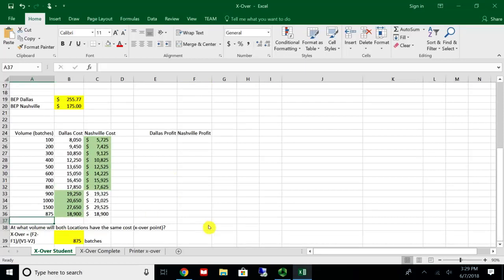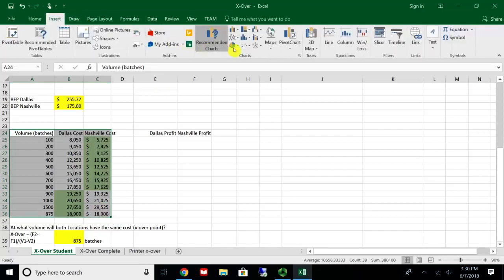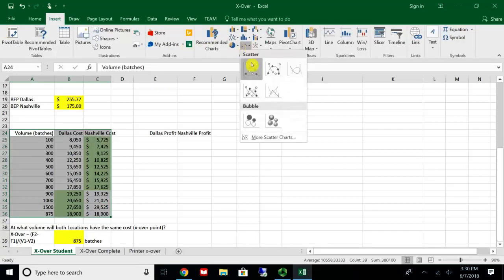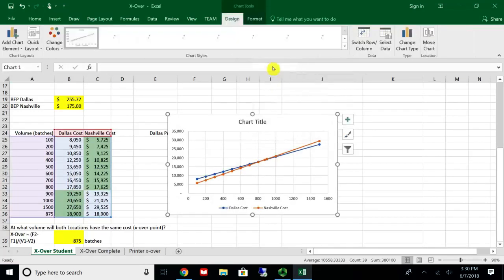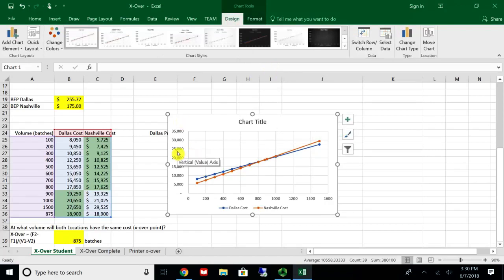I'm going to do one other thing here, and I'm going to put a little graph. So let's see if we can graph this information. I'm going to insert, and I think I'm going to try this as maybe an XY graph with a line. And let's see.